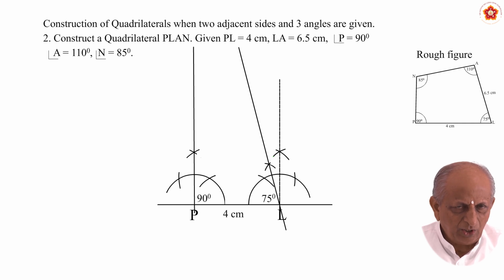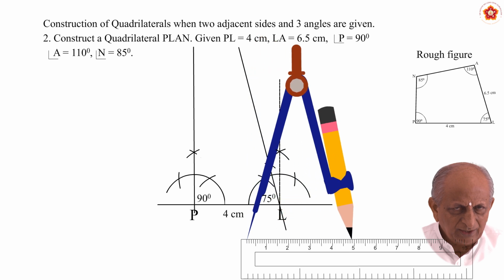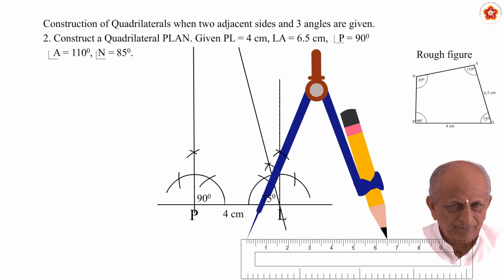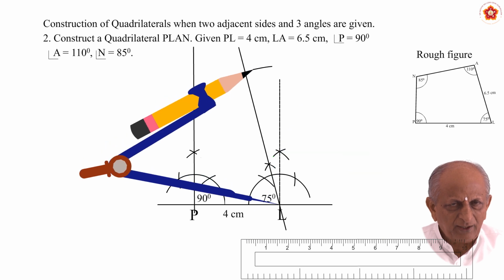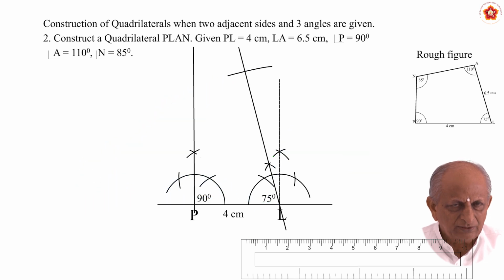So what you have done now is the bisector of this. So that is how you mark that. Now the angle is 75 degrees. And now take a length of 6.5. There is a point called A, which is 6.5 centimeters from L. So that point you mark as A.